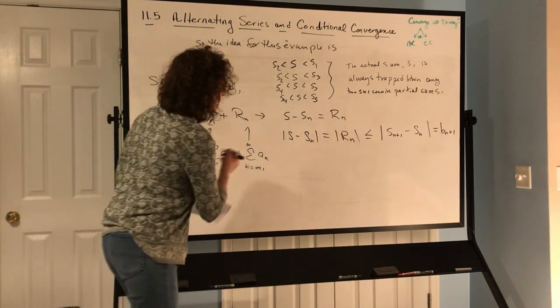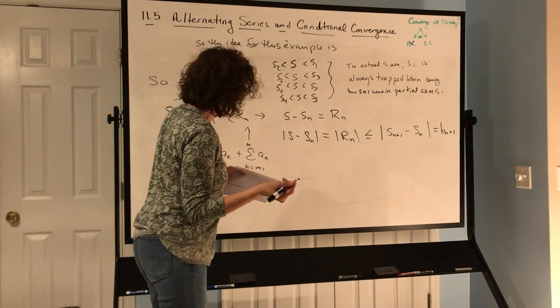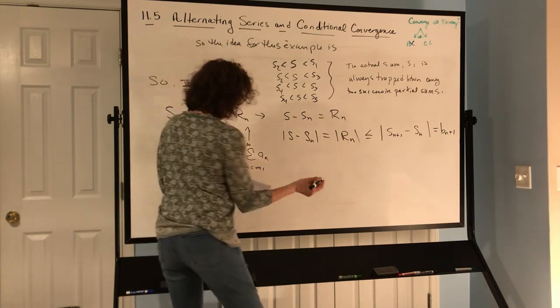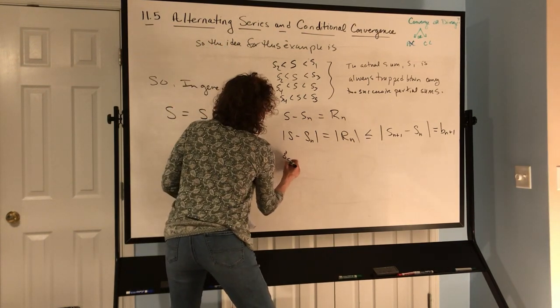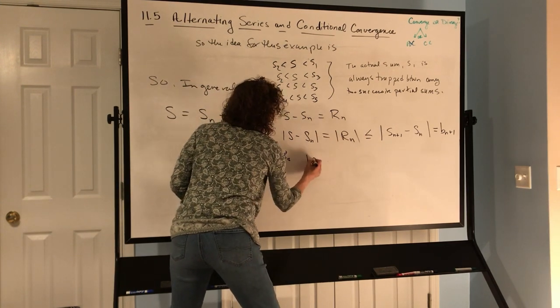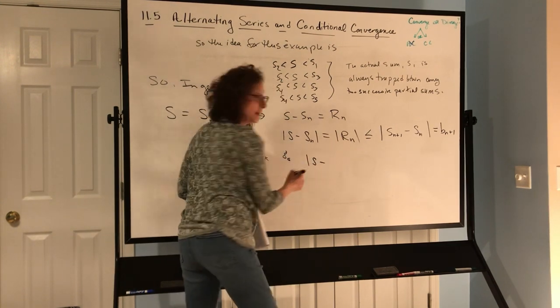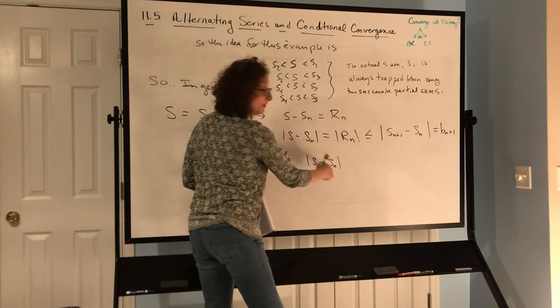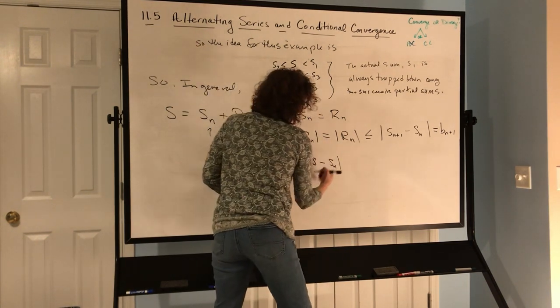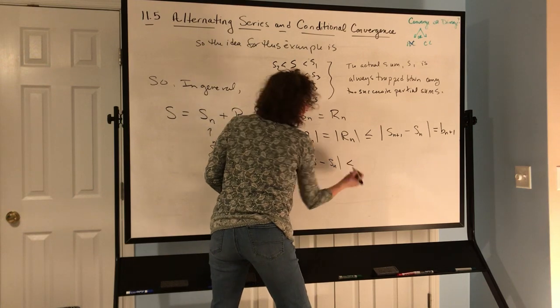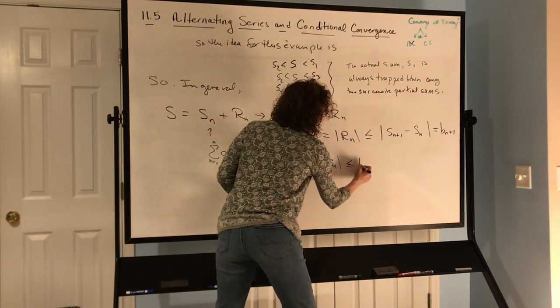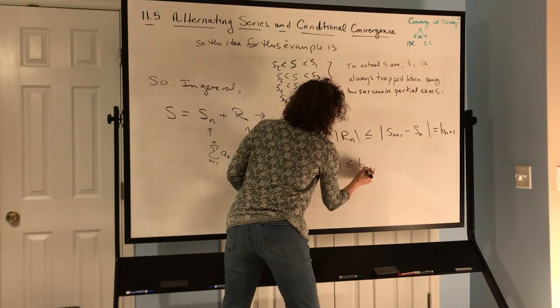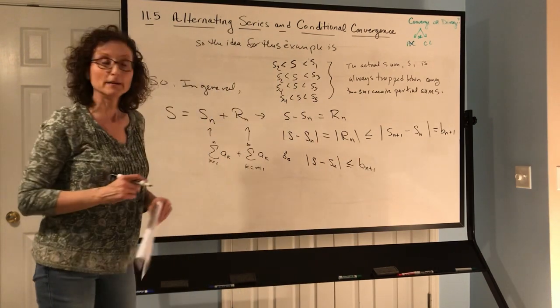Therefore, we really want this piece. The distance between the actual infinite sum and a finite sum of the first n terms is always less than or equal to just the absolute value of the next term you left off and didn't count.